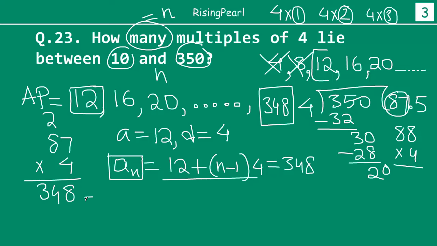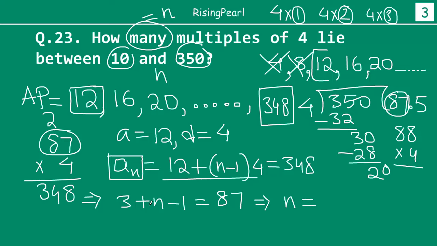So from here we can simply divide both sides by 4. So this will be 3, because 4 3s are 12. So 3 plus n minus 1 is equal to 87. So n is equal to 87 minus 3 minus 1, which is 87 minus 2, 85.